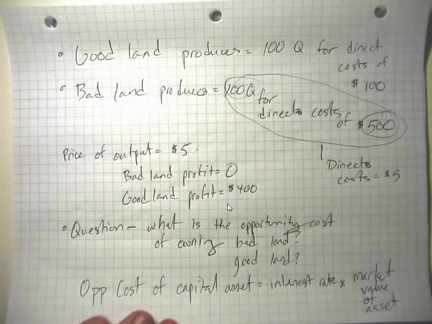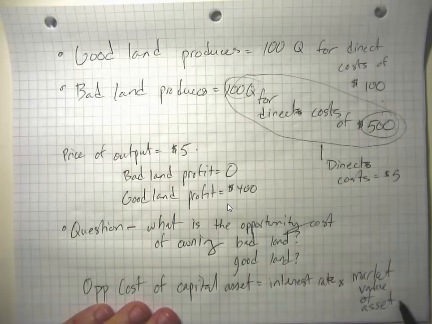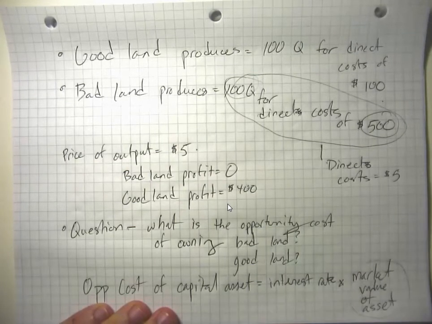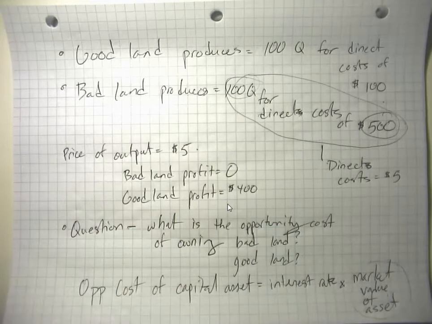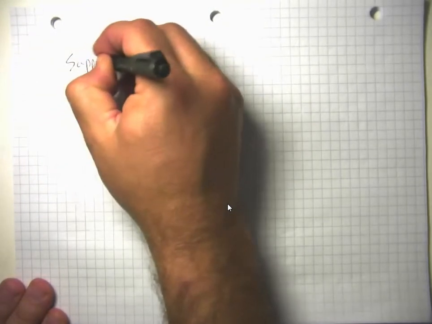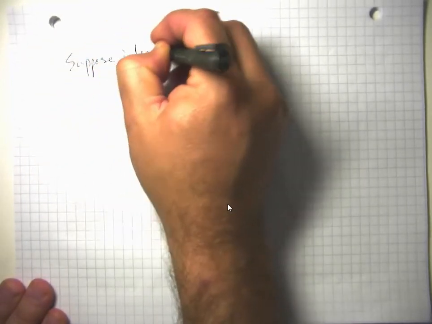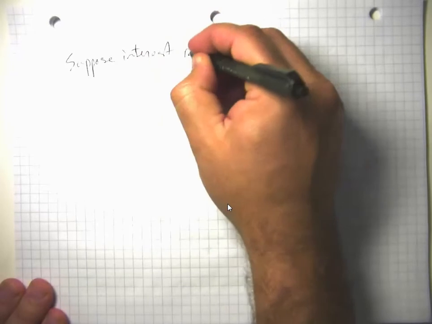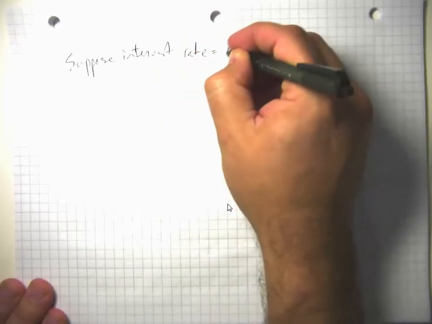Because when I continue to use the asset rather than sell it, I'm passing up the opportunity to sell it for its market value. And if I did sell it for its market value, then I could take that money and invest it at whatever the interest rate is. Suppose the interest rate in our little toy example here is going to be 5%.